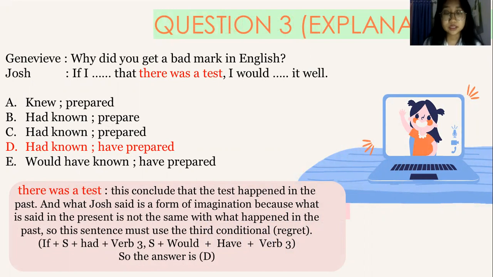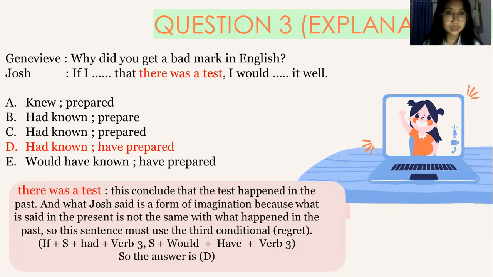So the structure for the third conditional here is if plus subject plus had plus verb 3. So for the first blank, we know that we must use had. So the answer cannot be A or E, and we must use the verb 3. So the verb 3 of know is known. Okay, so the answer is between B, C, or D. And for the result clause, the structure is subject plus would plus have plus verb 3.